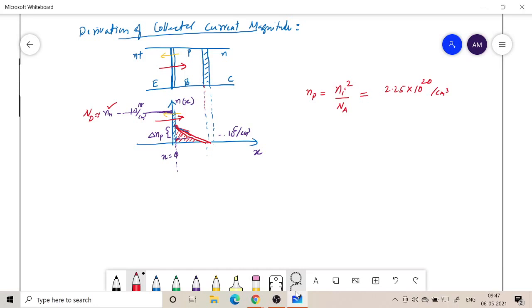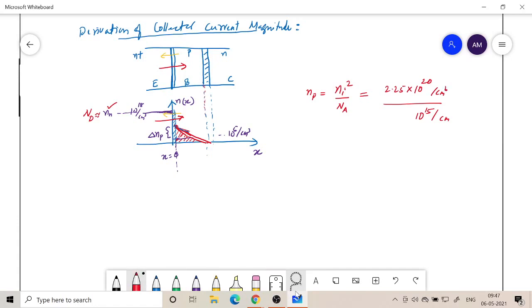So Ni is that, and there will be a square, so it will be centimeter raised to 6. Then in the denominator, depending upon how you are doping, I said it is going to be lightly doped, so you can roughly take it as 10 raised to 15 per centimeter cube.